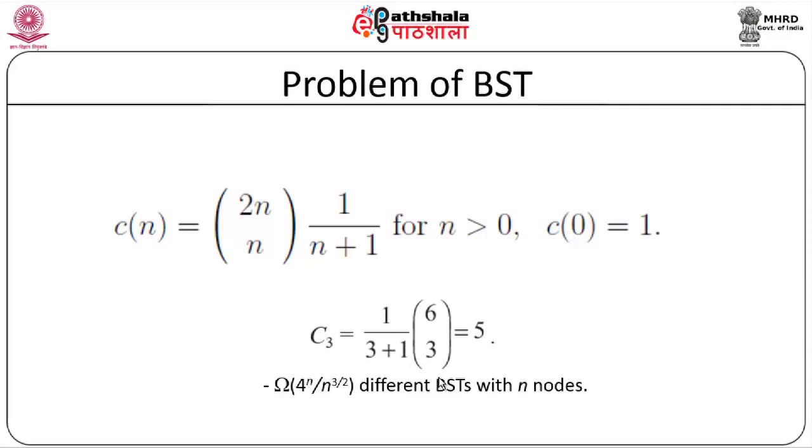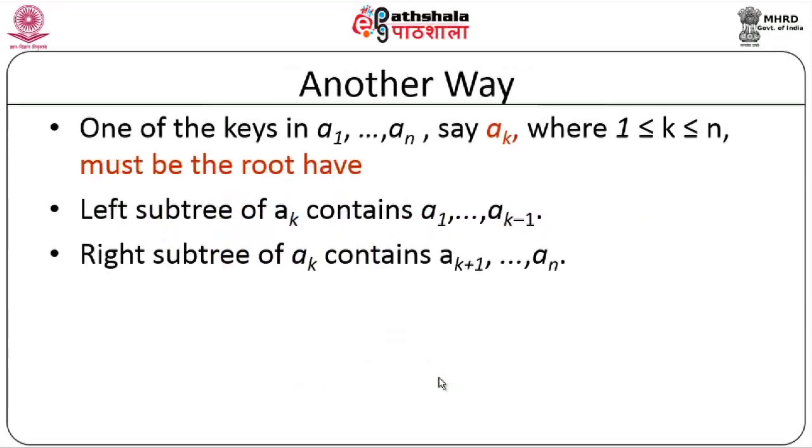That is the reason why we go for a more sophisticated methodology, and this methodology happens to be dynamic programming. So, in dynamic programming, we can apply the concepts to this particular problem. What we can do is take the set of keys a1 to an.